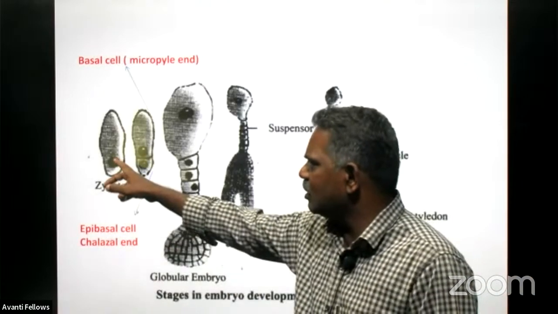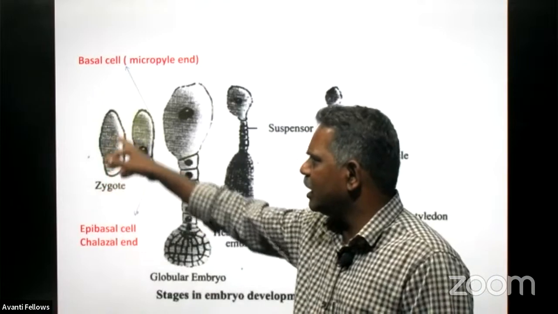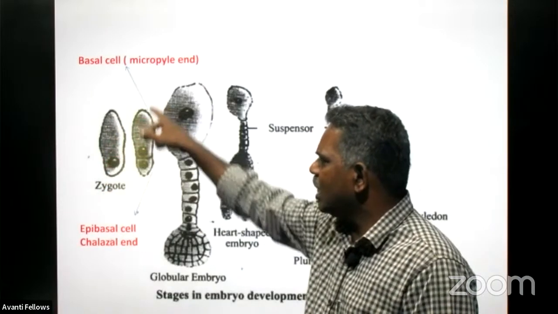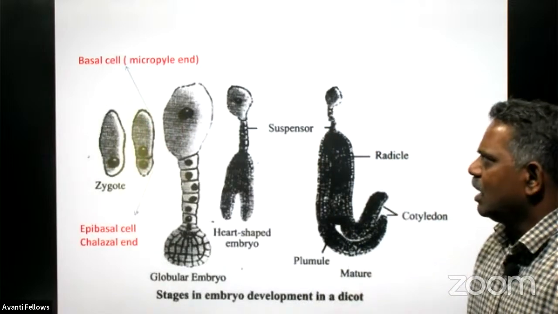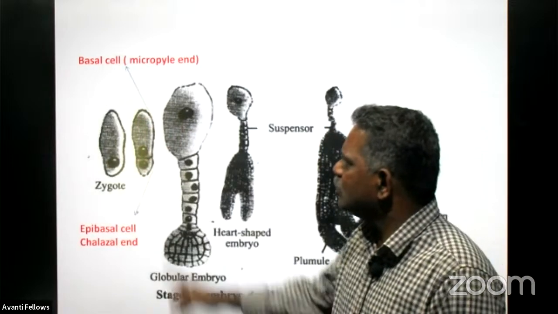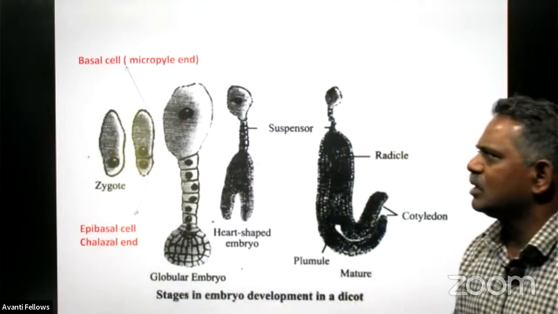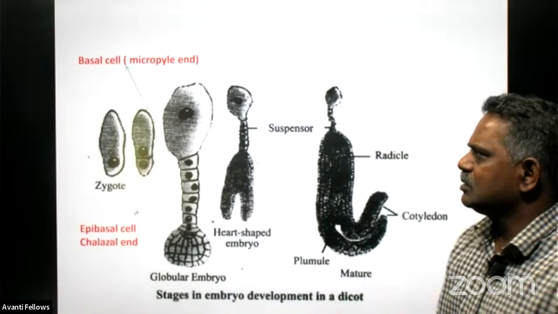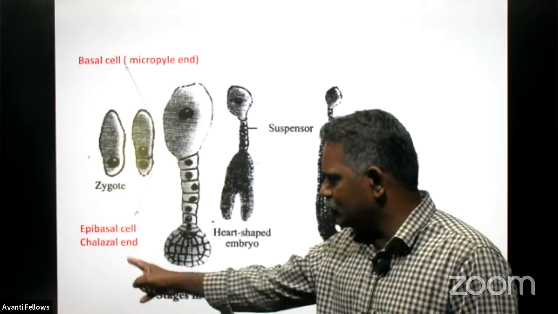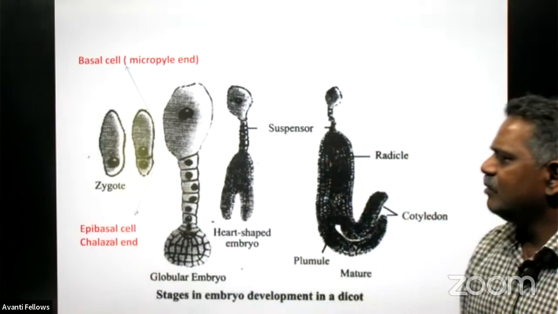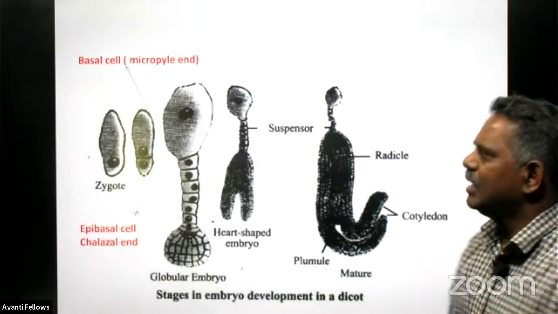This is the zygote, which is diploid, and this diploid cell divides and produces two uneven cells after the first division. One is towards the micropyle, the larger one, which we call the basal cell, and another is directed towards the chalazal end, which we call the epibasal cell.